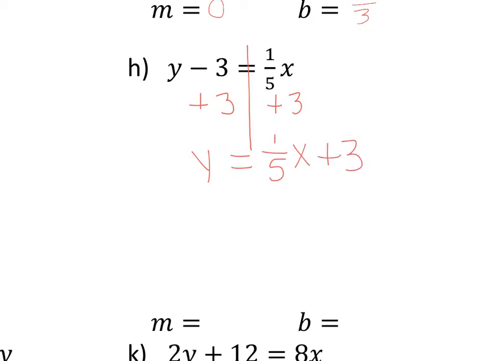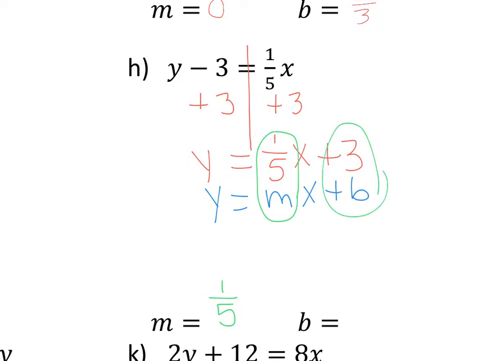I can't add them because they aren't like terms. It's also good practice to put your x term first in your equation so that it's in slope-intercept form, which I do have right now. Y equals mx plus b. Our slope is 1/5, and our y-intercept is +3.